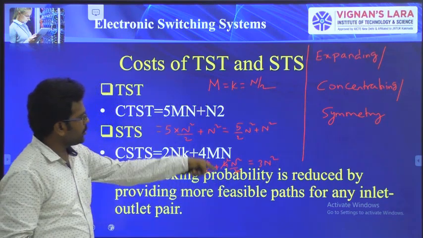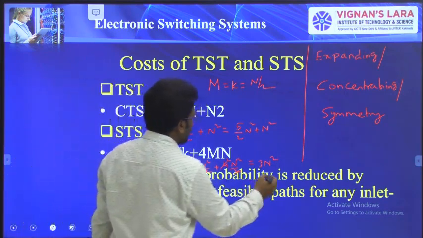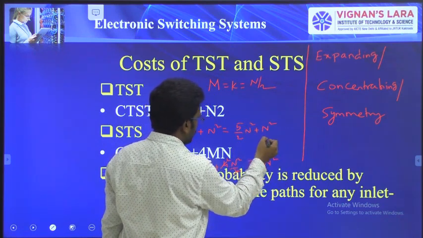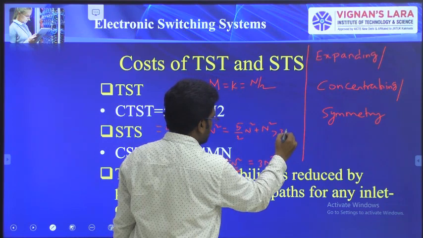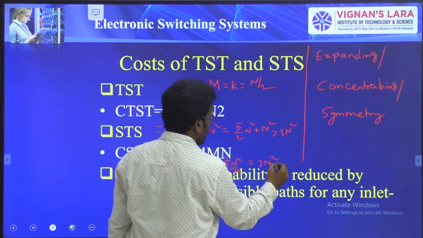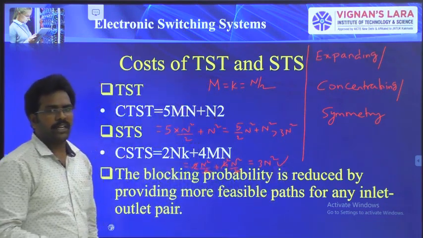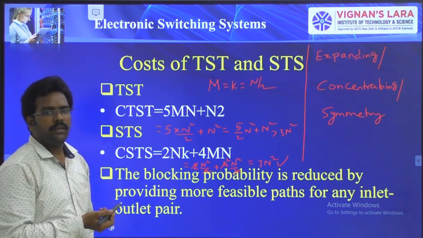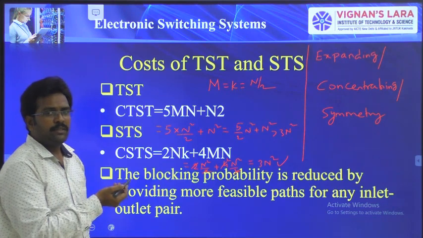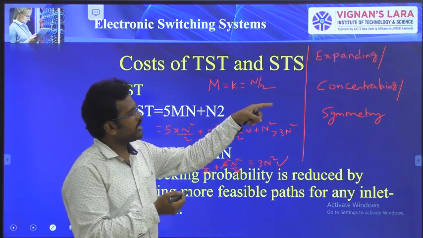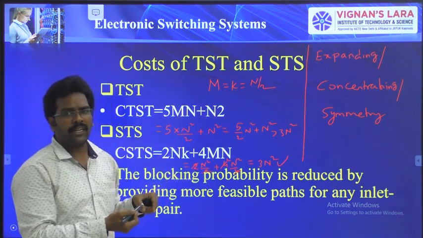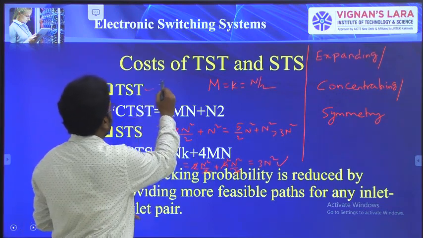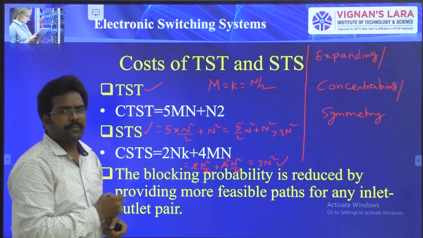So comparing these two, this is having 5 by 2, which means 2 times more than 3n square. Therefore, this structure is advantageous when I am using a concentrating switch. So from this, what can I understand? Based upon the expanding structure or concentrating structure you have to decide whether to go for a TST or STS switch.